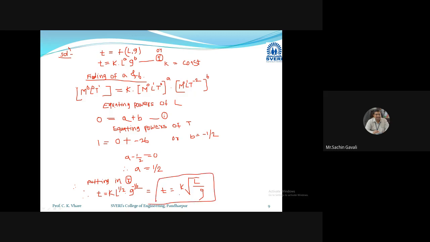Pendulum's time is T is equal to K into square root of L by G. So with this we can get the relationship with the help of dimensions. If the dependent variable depends on up to 4 independent variables, then to find out their relation we are using Rayleigh's theorem.